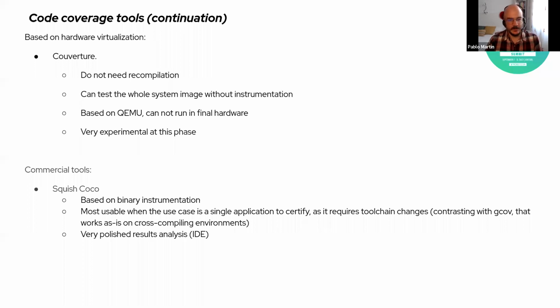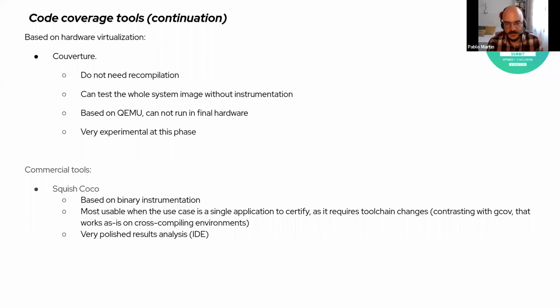Based on hardware virtualization, and again with no instrumentation, there is Coverture. Coverture is based on QEMU, so it cannot run on the final hardware. This is important if the requirement is to run the tests on the final hardware, which is the case for the Red Hat in-vehicle operating system, especially for the kernel and other packages.